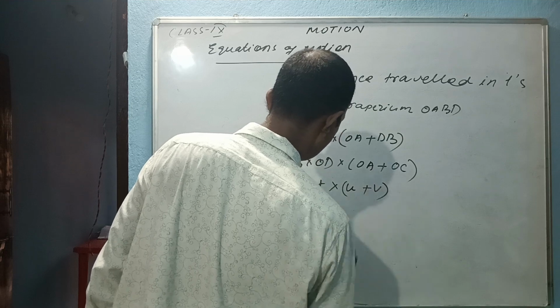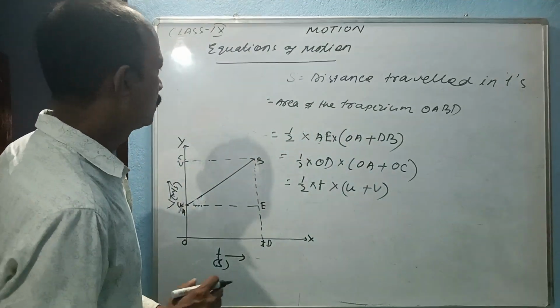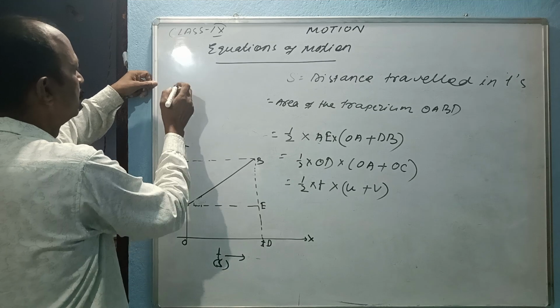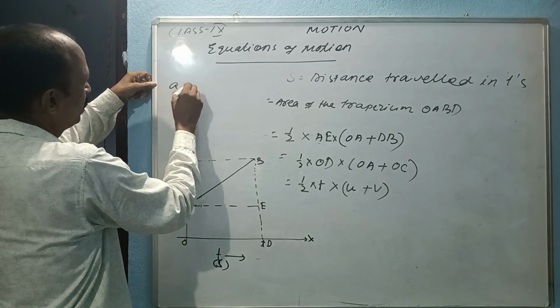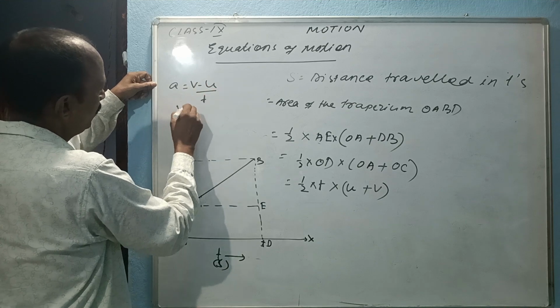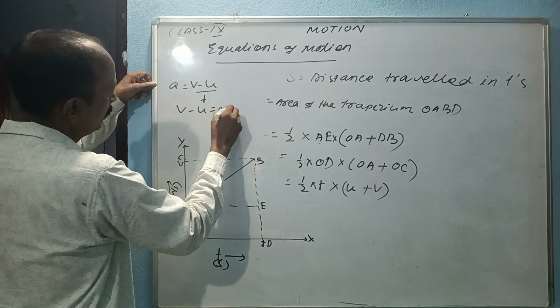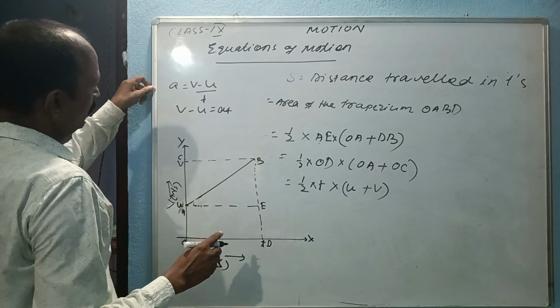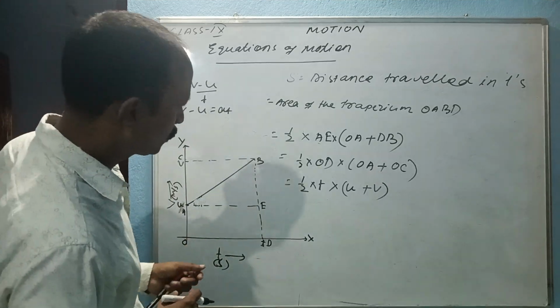Clear? So I know that acceleration is equal to v minus u by t, or v minus u equal to at.